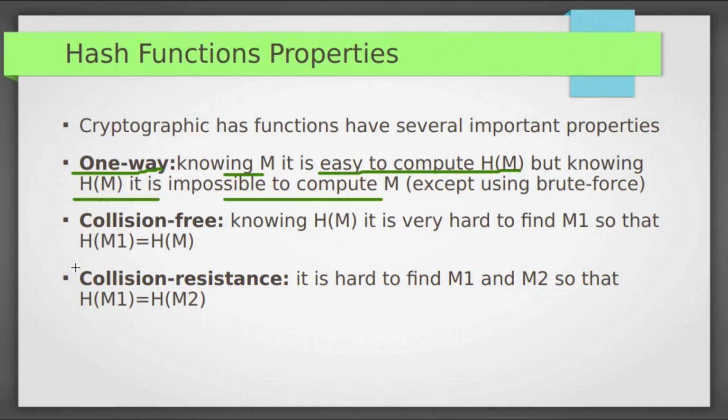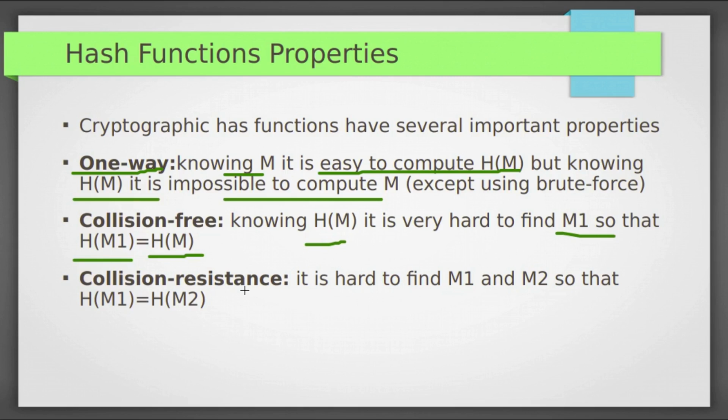Second one, collision free. Given a message M and its hash h of M, it should be hard to find a different input with the same hash, meaning finding another message M1 so that h of M1 equals h of M. And the third one, collision resistance.